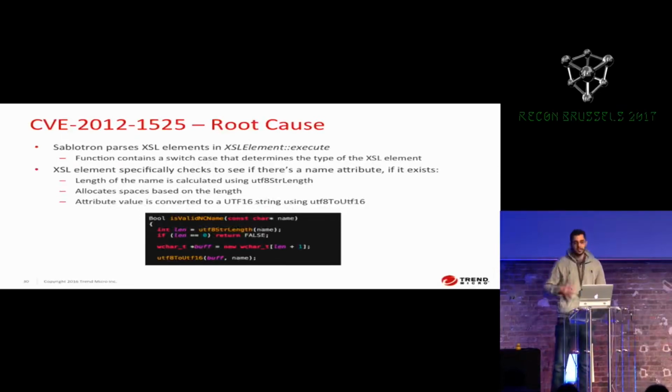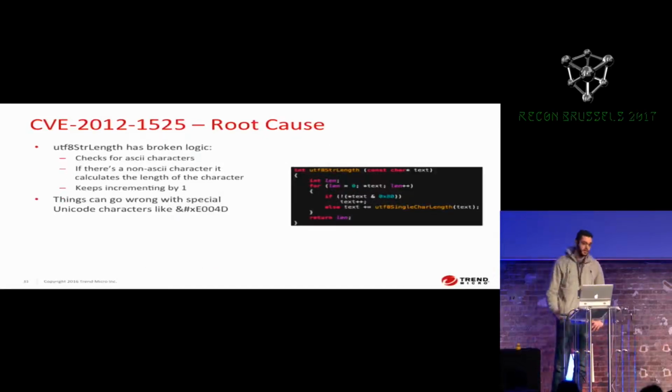Then it grabs the value, calculates the length of it, allocates a buffer based on that length, and then tries to convert it from UTF-8 to UTF-16. This is done inside a function called isValid and CName. Basically, I don't think you guys can see in the back, but it does the string calculation inside UTF-8 string length, and then it allocates a buffer and passes it to UTF-8 to UTF-16 for the conversion.